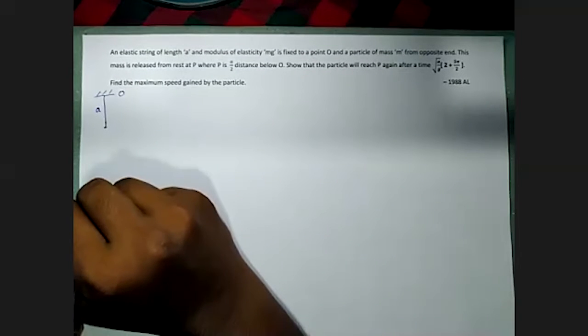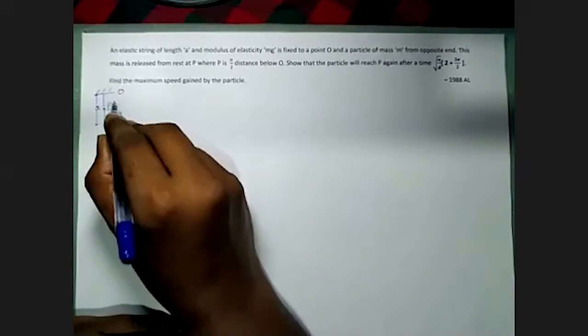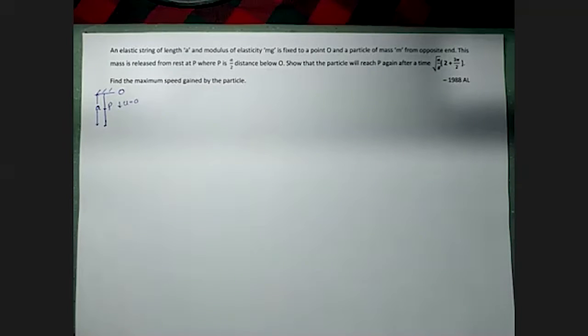Let me take this as the natural length, which is A. Point P is somewhere here. From this point, the particle is released from rest. Initial velocity is 0.